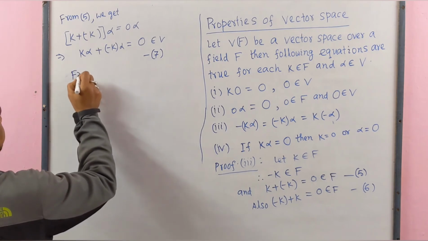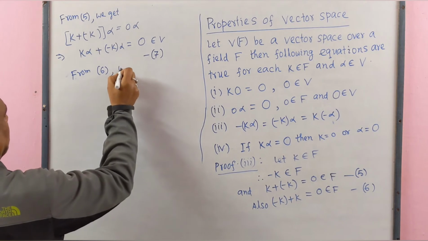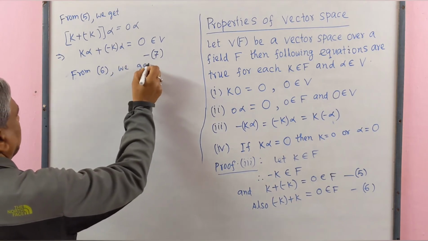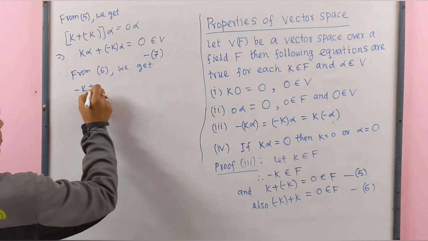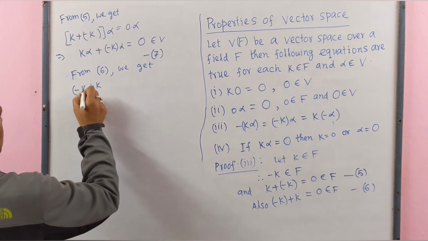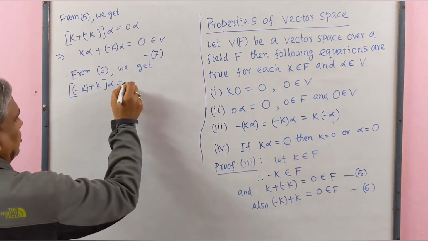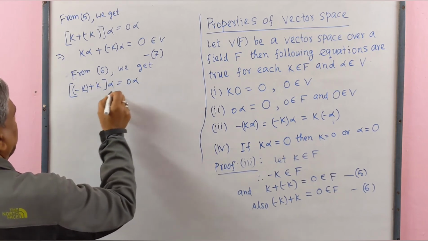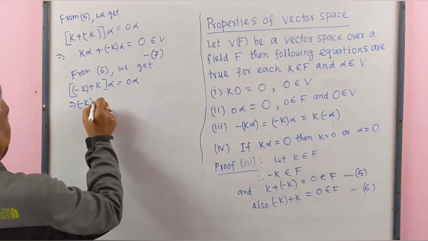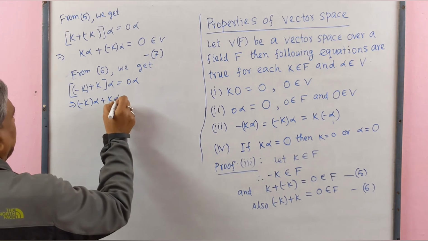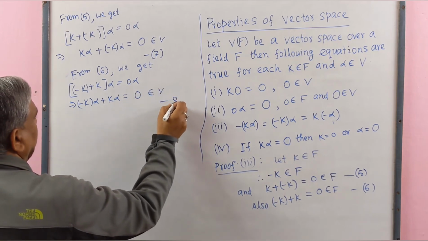From 6, we get (minus k plus k) alpha equals 0 alpha, which implies that (minus k) alpha plus k alpha equals 0 vector. This is 8.